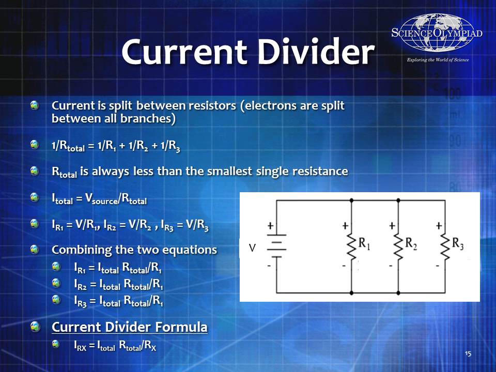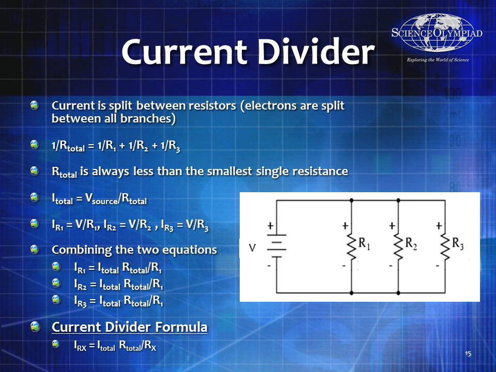R total is always going to be less than the smallest single resistance. So now I can again solve for the total current, okay? And then I notice that I of R1 is equal to V divided by R1. I of R2 is equal to V divided by R2, and I of R3 is equal to V divided by R3.